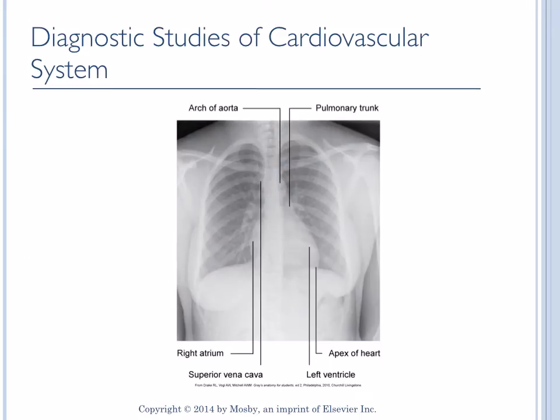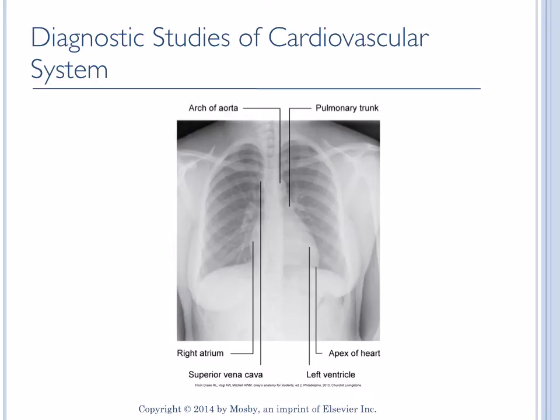This is a radiographic picture of the chest, and it is showing you all the cardiac contours, like curves, then the heart size, and any changes in the individual chambers. So you see there is an arch of aorta, pulmonary trunk, right atrium, then there is apex of heart, superior vena cava, left ventricle.